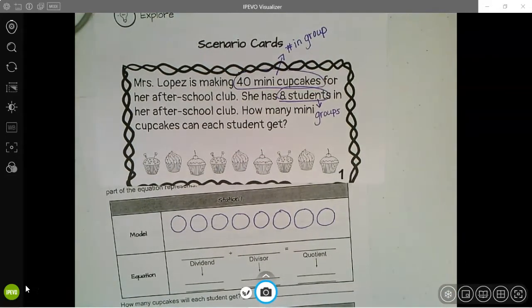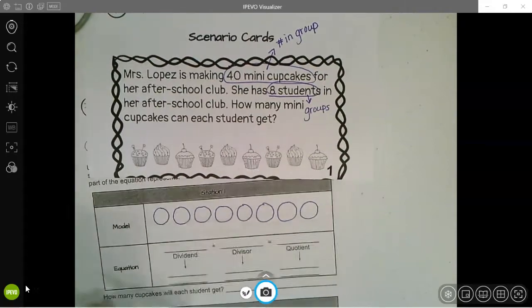And so what I'm going to do is divide 40 into 8 students. I'm just going to give each student a cupcake until I run out.